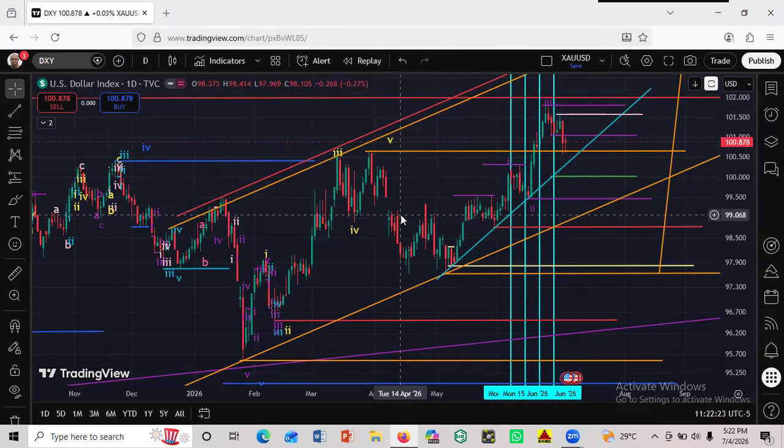Now, why do we think that price is likely going to still go up, that this leg is not done? The reason being that even assuming we take this as an ABC correction to the upside, we expect at least a 100% extension, which the price has not marked up till now. So we're still looking for more upside.